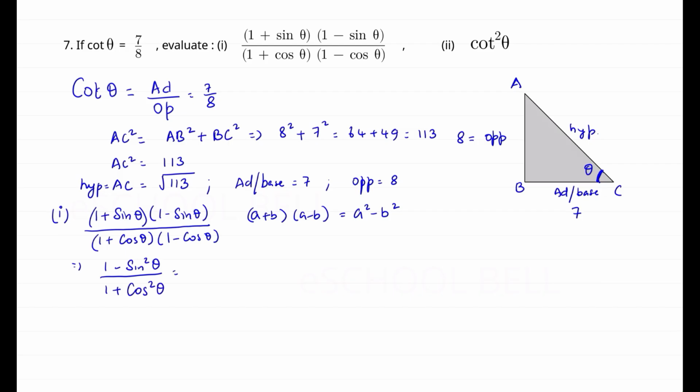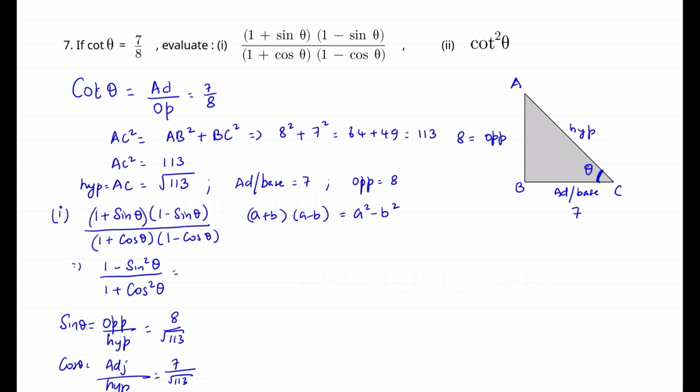Okay. Now, we substitute. Sin theta is opposite by hypotenuse and cos theta is adjacent by hypotenuse. Therefore, sin theta will be opposite is 8 and hypotenuse is root 113, and cos theta is adjacent is 7 and hypotenuse root 113.